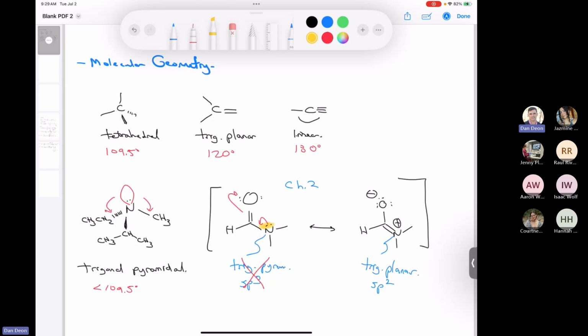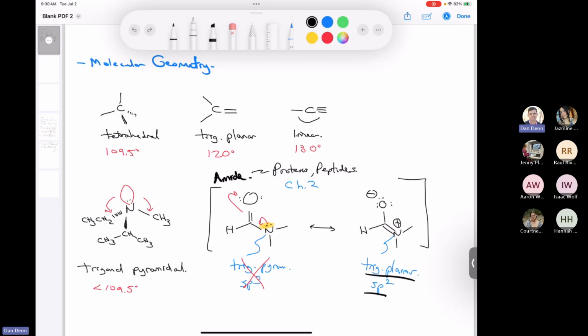So the nitrogen in an amide is in fact sp2 hybridized, and its molecular geometry is trigonal planar. This has a lot of consequences when you study proteins, okay? Later on in organic chemistry, you'll study proteins and peptides, and the fact that there's a lot of double bond character to this carbon-nitrogen bond has a lot of consequences in biochemistry. All right, so that's just a little bit about molecular geometry.